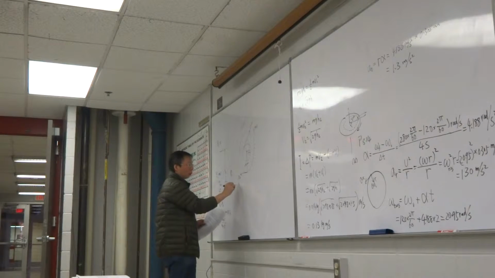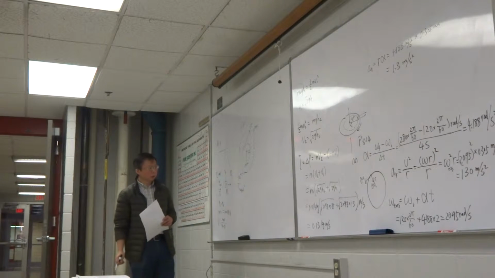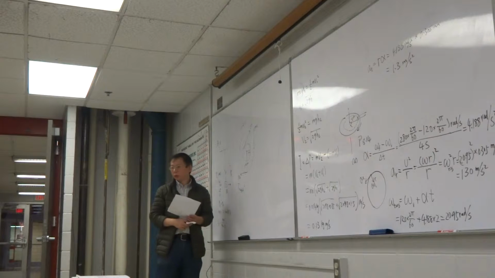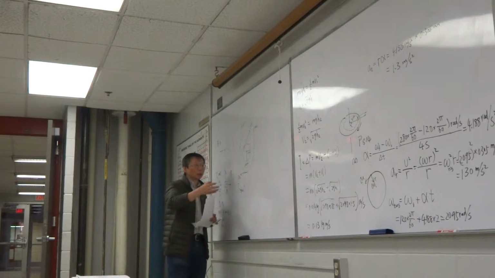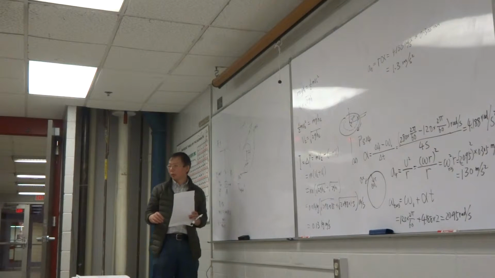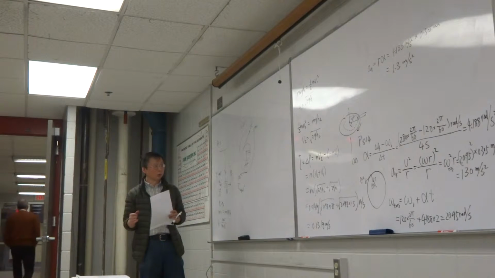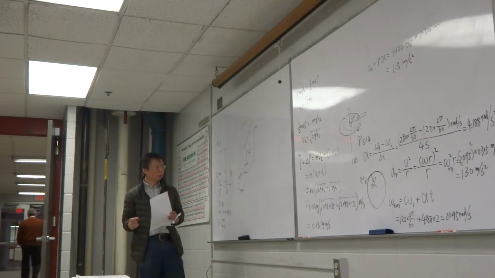Okay, you need to calculate the torque by the applied forces. Here is the convention. If the rotation is clockwise, that direction we denote as negative. If the rotation is counterclockwise, that direction is usually defined as the positive direction.